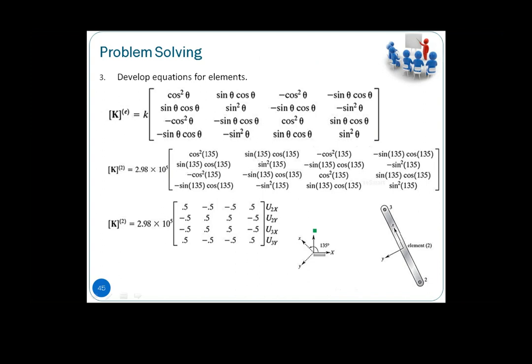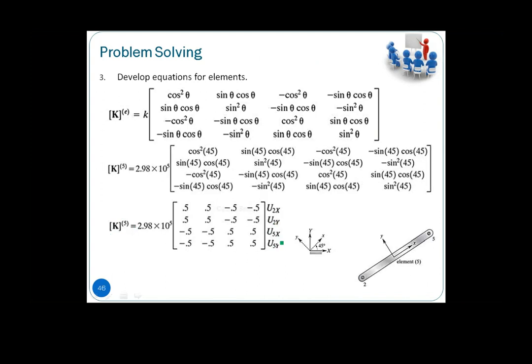You'll find out that our stiffness will be covering x and y for both nodes: node 2 x, y, node 3 x, y. That gives us our stiffness matrix for element number 2, covering node 2 and node 3.